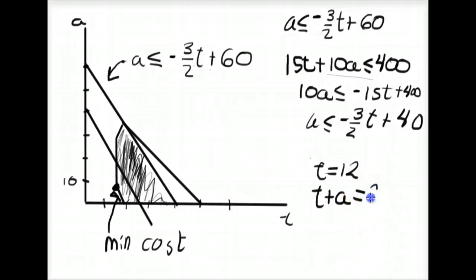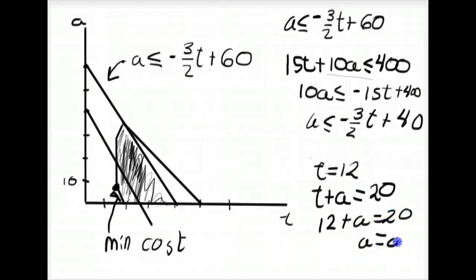It was greater than or equal to 20, but we're solving the intersection point now, so we can set it up like this. Now we can solve these two linear equations by making the substitution of 12 for t. So 12 plus a equals 20, and then a equals 8. So now we know that the minimum cost occurs at the ordered pair t equals 12, a equals 8.